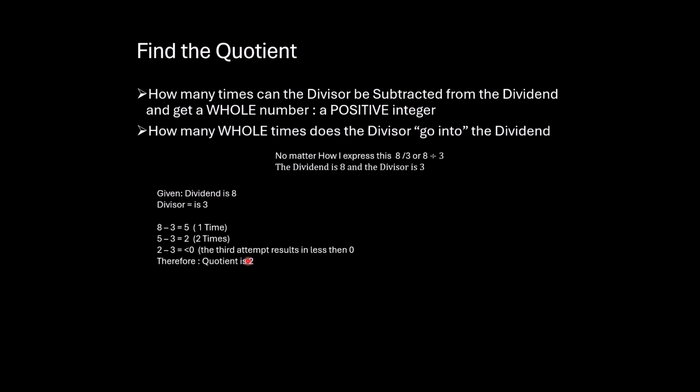The quotient is simply 2. The quotient is simply the whole number of times that the divisor goes into the dividend. This is the hard part of division. This is the hardest part of division. Think about this. Understand it. We'll go through this again and again and again.